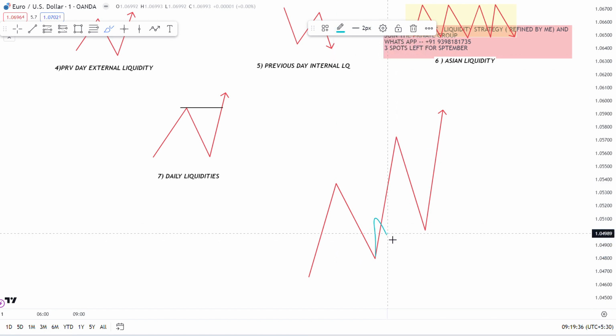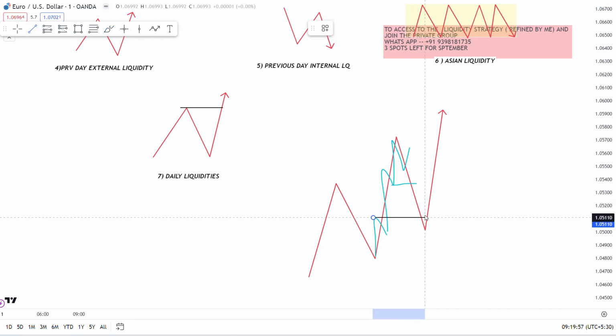In the 1 minute, the structure looks like this. If you see here, this is the structural liquidity, because if you use the Fibonacci, this will be below 50%, and it is also liquidity. This is the efficient price action line, the EPA line. Same thing: liquidity got taken out, we enter here and target this liquidity. This is the structural liquidity.